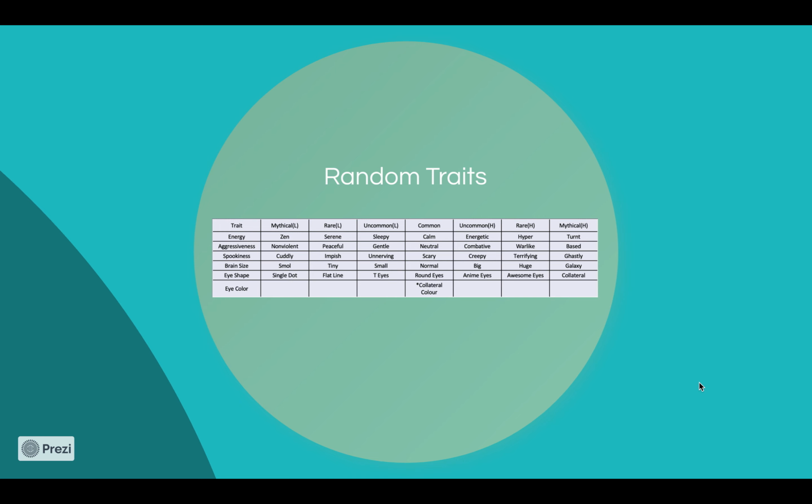And on the right side, all the different traits are listed from mythical to rare, uncommon, common, and then up again. I'm not going to get into the mathematics behind all of this. It's important for you to know that all of those are actual features on the Aavegotchi that you'll see. For example, the eye color might be brown or blue, depending on what kind of rarity level it is. So a lot of the Aavegotchis are going to look different depending on the random traits they've been given by birth.